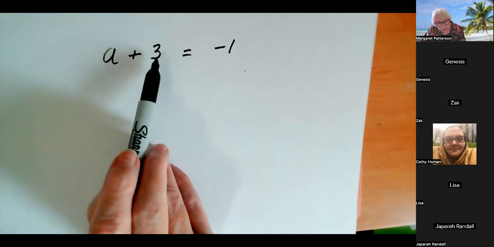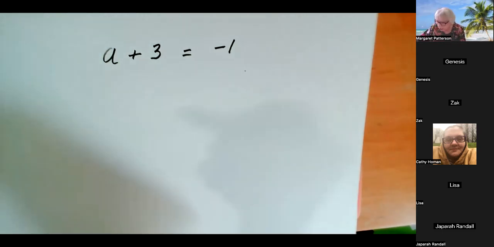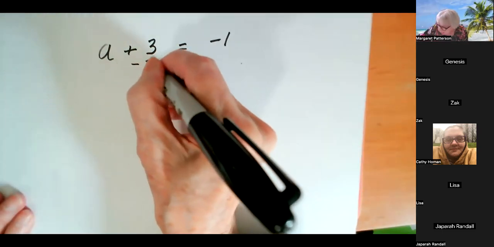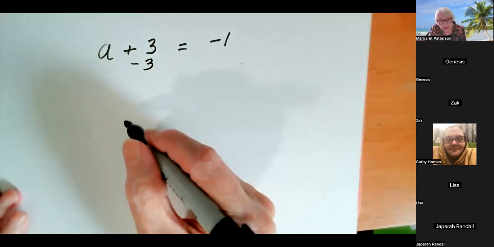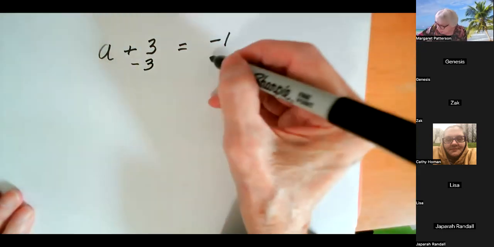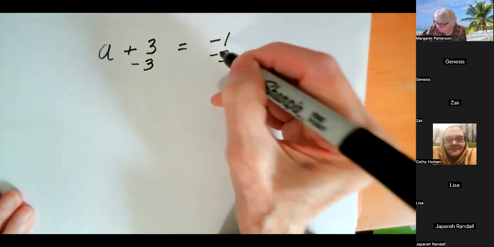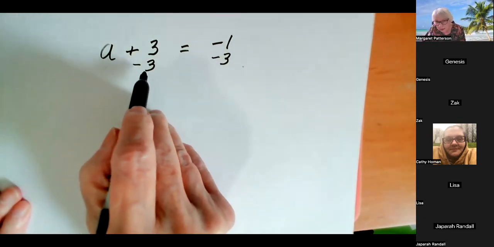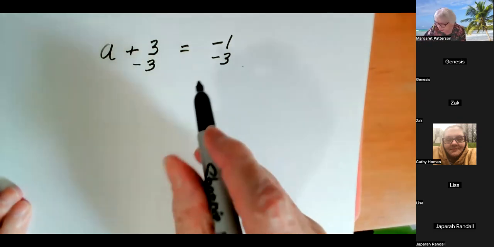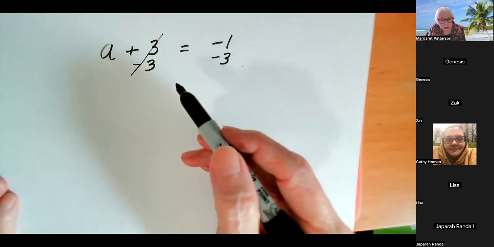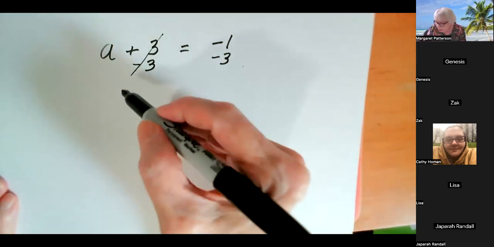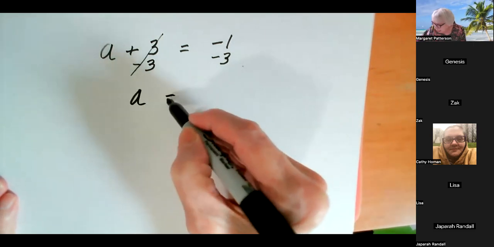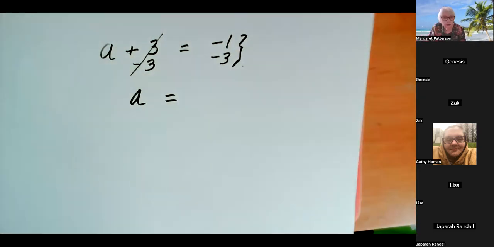If it's add 3, we've got to undo it by subtracting 3. And I like to write it, and I subtract 3 over here. And I put the minus sign so I don't forget to subtract. The plus and minus 3 are 0. And so that's A plus 0 is A. But the real answer is over here.